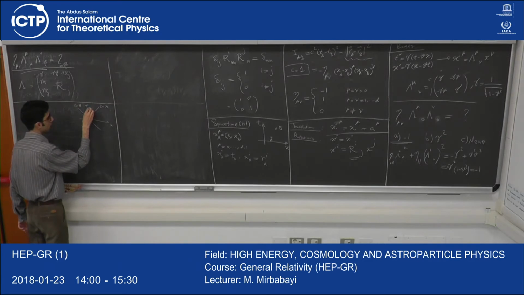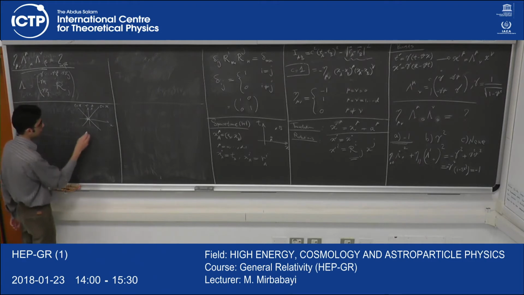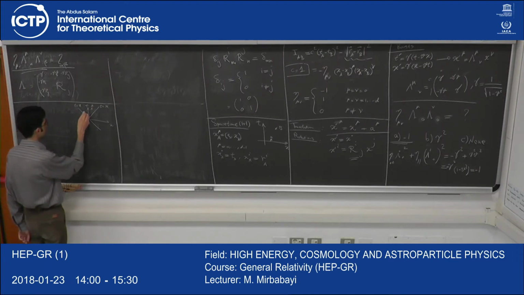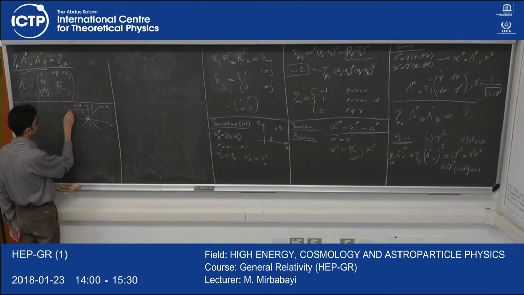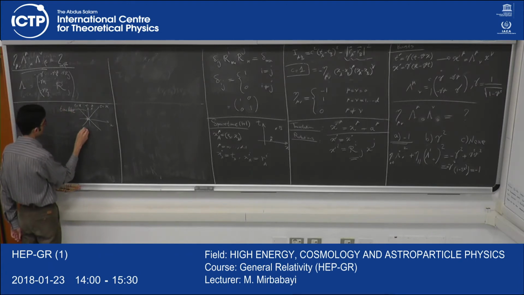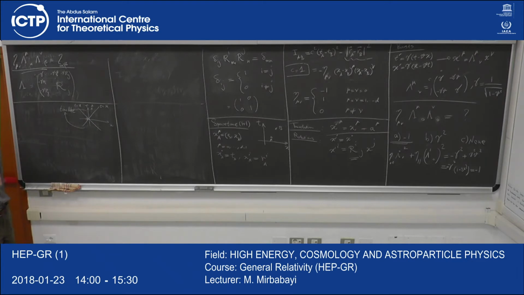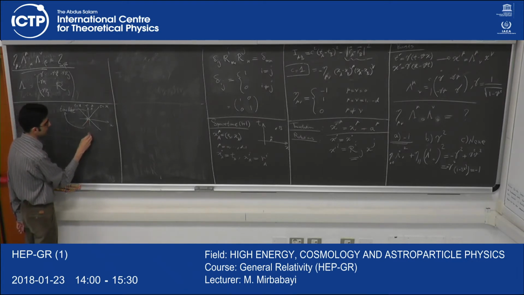If point A is inside this region, then we say that A and B are time-like separated. Similarly here, this is also time-like. For these time-like points, when A has a larger t than B, we say that A is in the future. If A is in here, this will be the past. And then if A is inside this region, we say that they are space-like separated.